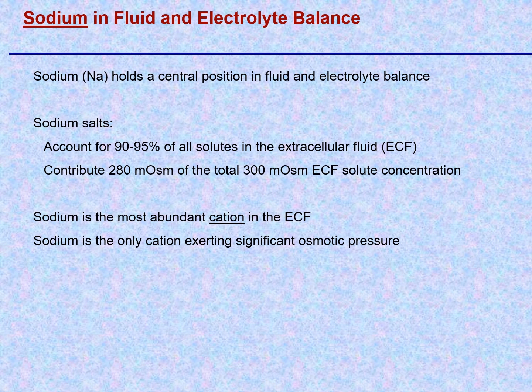It's the most abundant cation in the extracellular fluid and the only one that can exert significant osmotic pressure, in other words, be able to cause the diffusion of water.